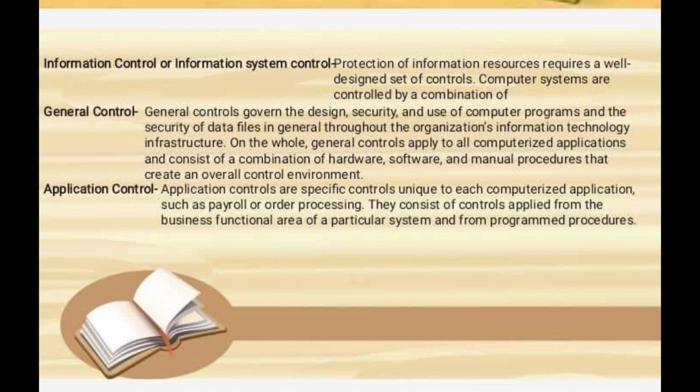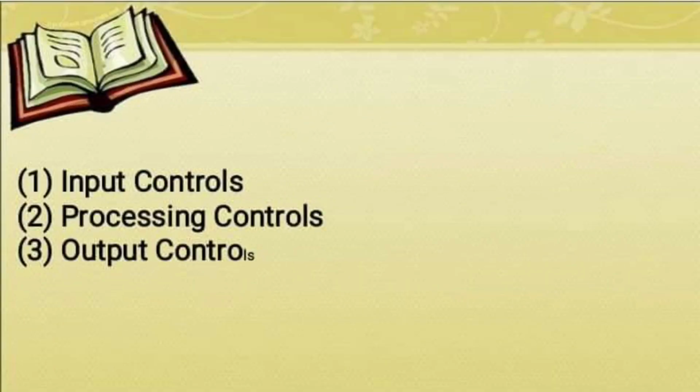Application controls include both automated and manual procedures that ensure that only authorized data are completely and accurately processed by the application. Application controls can be classified into three: input controls, processing controls, and output controls.